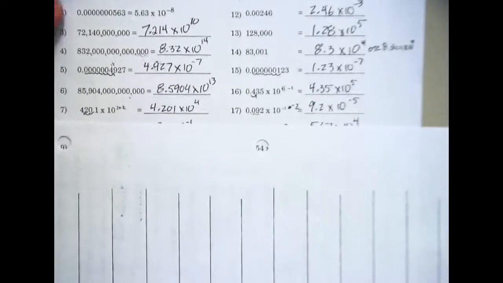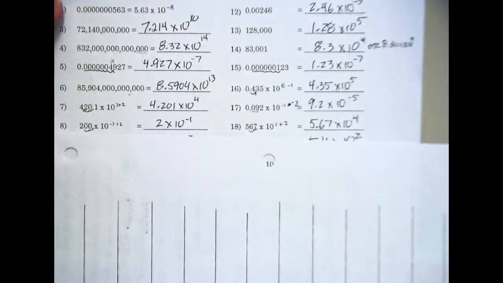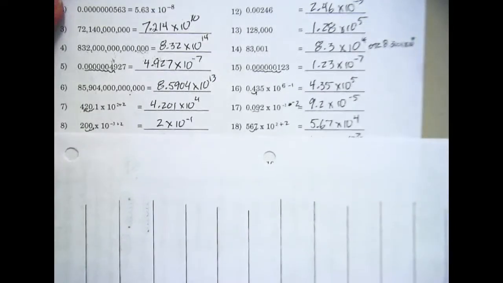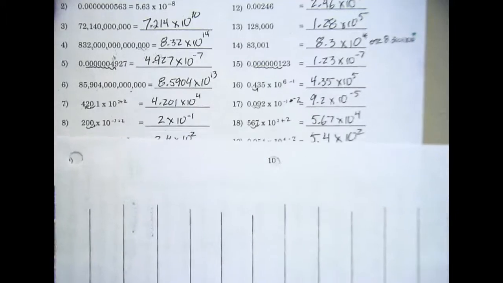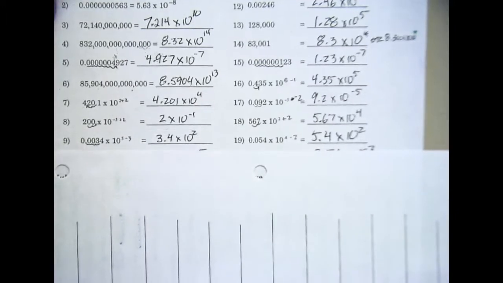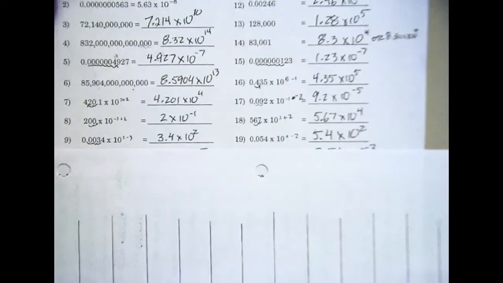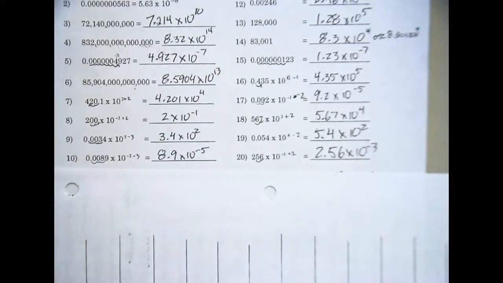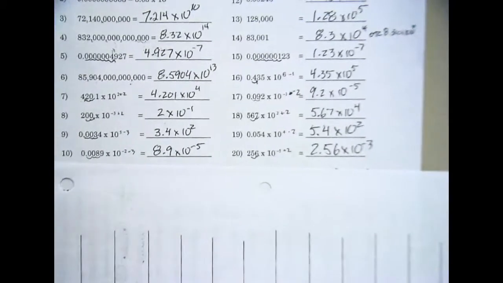Number 17, 9.2 times 10 to the -5th. Number 8, 2 times 10 to the -1st. 18, 5.67 times 10 to the 4th. Number 9, 3.4 times 10 to the 2nd. And number 19, 5.4 times 10 to the 2nd. And number 10, 8.9 times 10 to the -5th. And number 20, 2.56 times 10 to the -3rd.